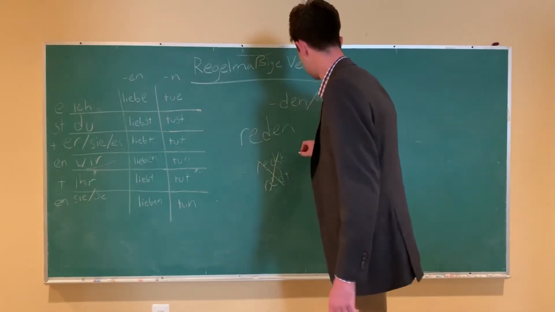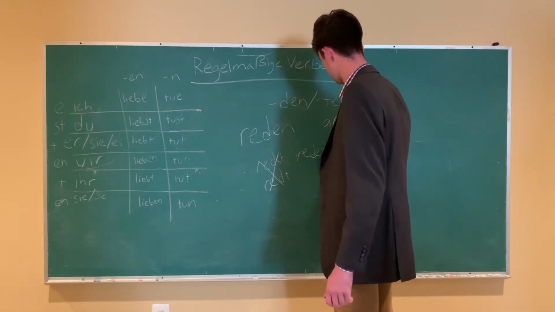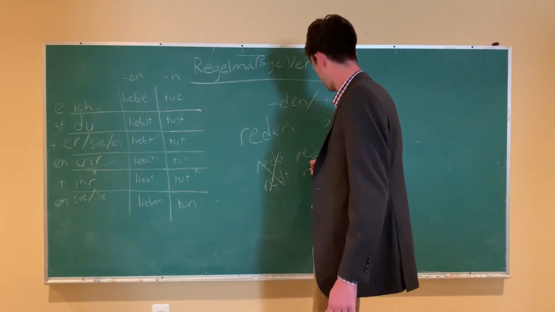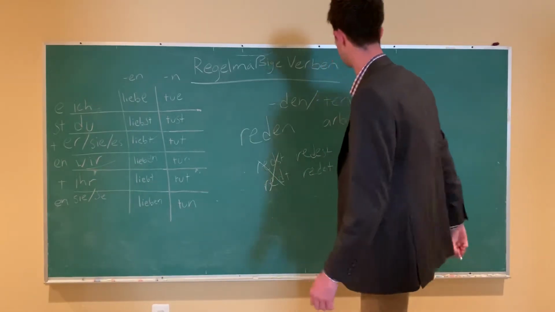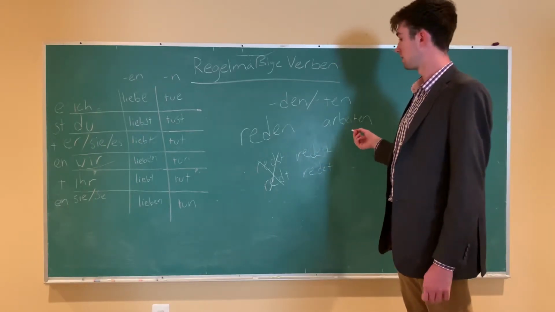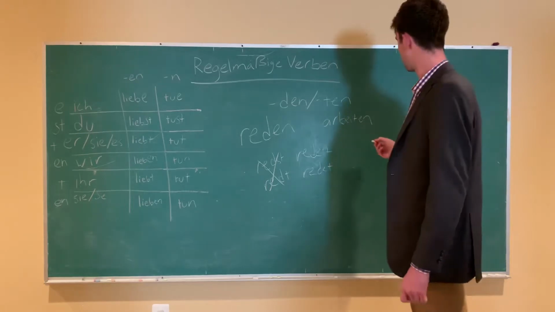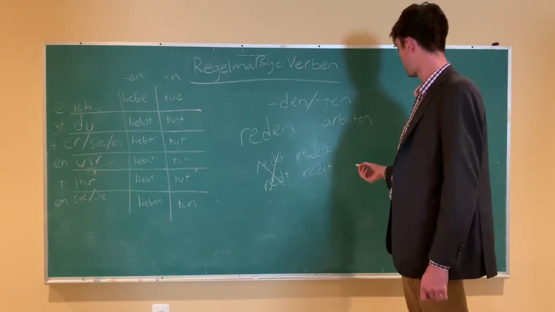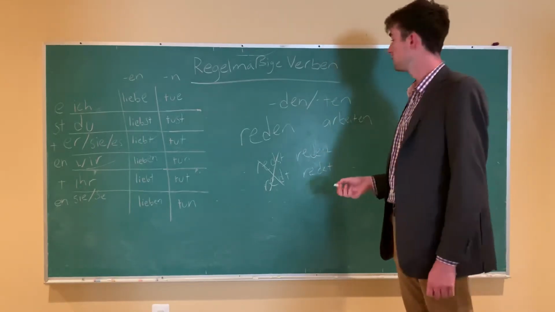So instead of that, it would be du redest or er redet. And the same goes for arbeiten. It would sound really weird to say du arbeitst or er arbeitt. So the Germans changed it to er arbeitet and du arbeitest to make it much easier to pronounce.